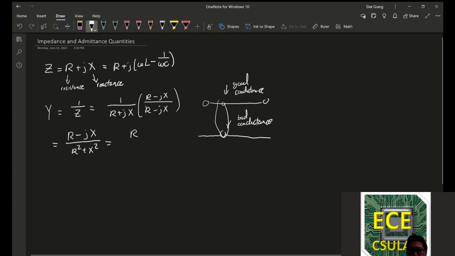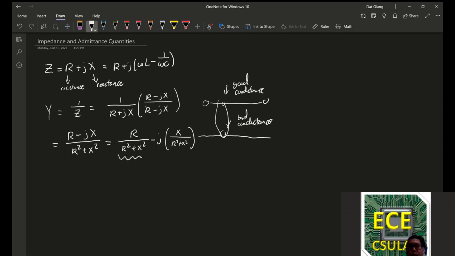So we get R divided by R squared plus X squared plus j, apologies, minus X divided by R squared plus X squared. This quantity is called conductance, while this quantity, including the negative, is called susceptance.